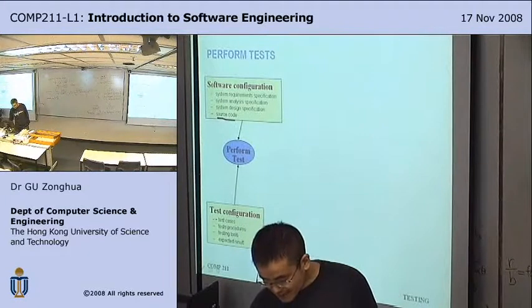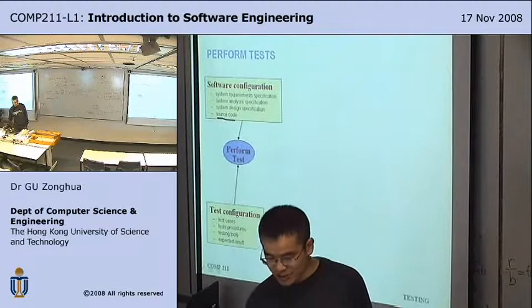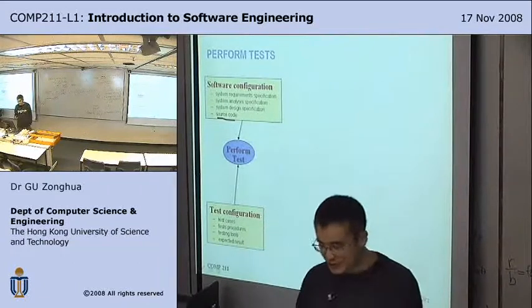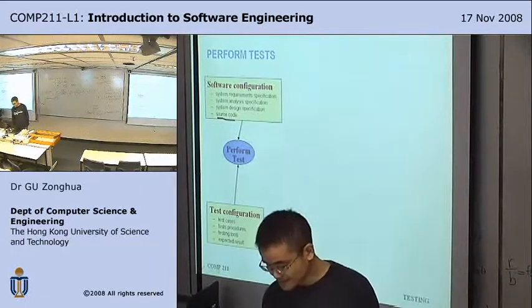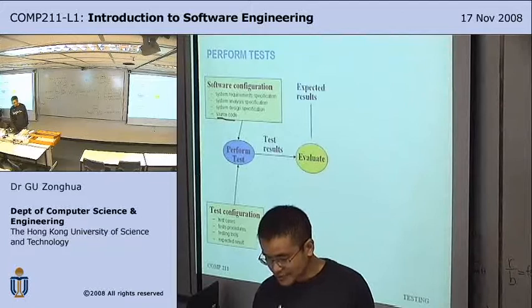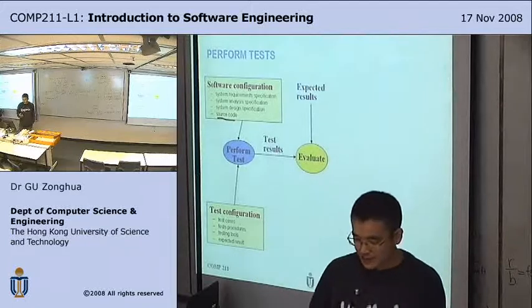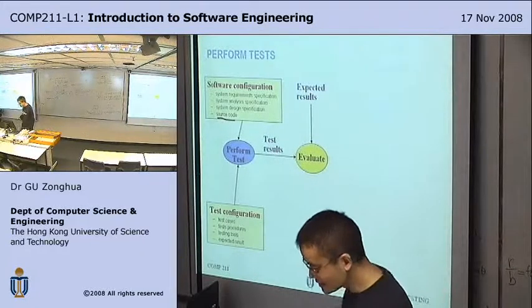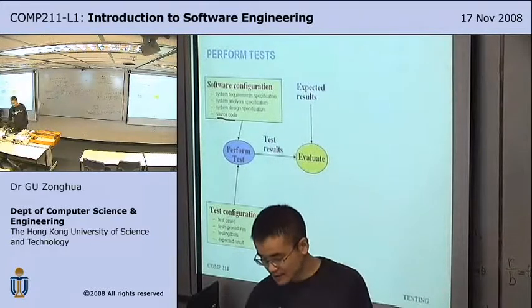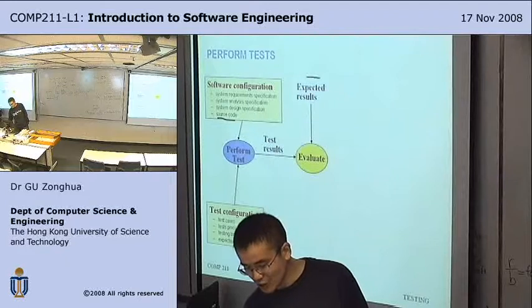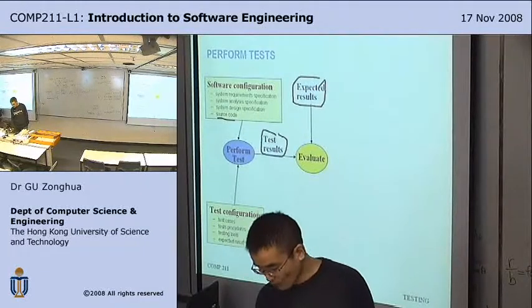Test configuration includes test cases, test procedures, testing tools, and expected results. And you run the tests and put the results in the database and do evaluation, comparing the test results with the expected results.